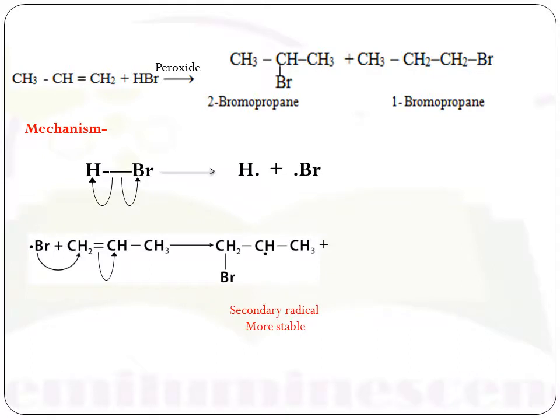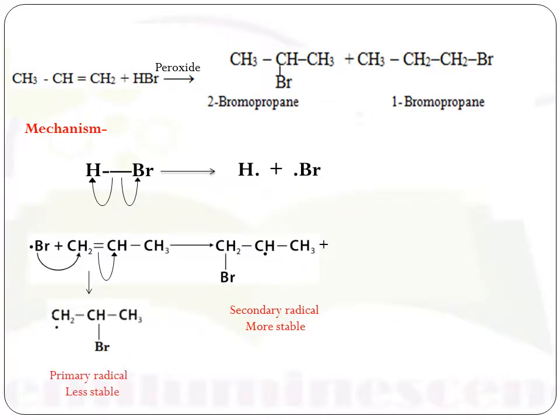This is the product in which a new C-Br bond is formed and the C atom gets 1 electron. That's why there is a radical. If we observe this radical present on this carbon atom, which is bonded to another carbon atom, this radical is a secondary radical, which is more stable.